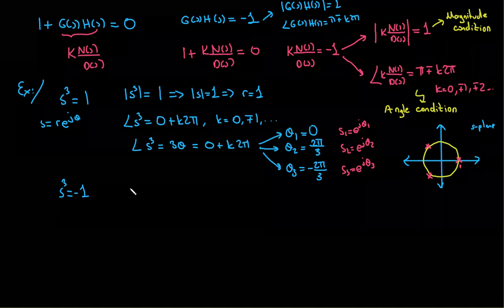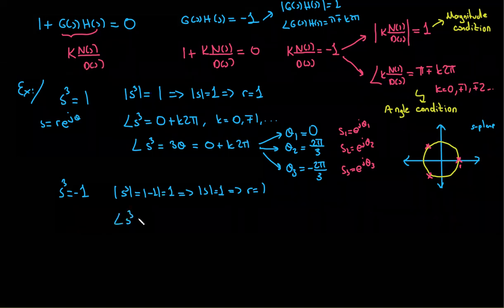Once again, I will get two equations from the magnitude condition and the angle condition. The magnitude of s cube should be equal to the magnitude of -1, which is equal to 1. From there, the magnitude of s is equal to 1, so r is equal to 1 once again. Let's write down the angle condition. The angle of s cube is equal to 3 theta.